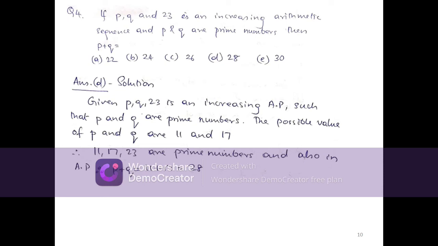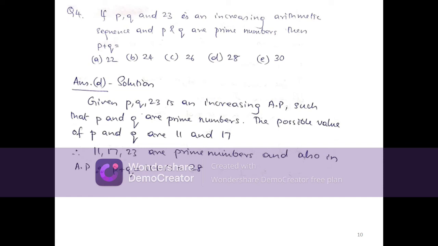If P, Q and 23 is an increasing arithmetic sequence, then 2 into Q equal to P plus 23.